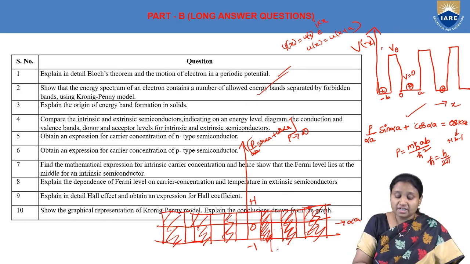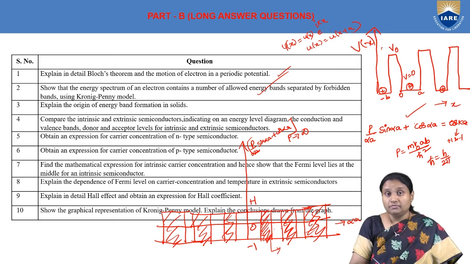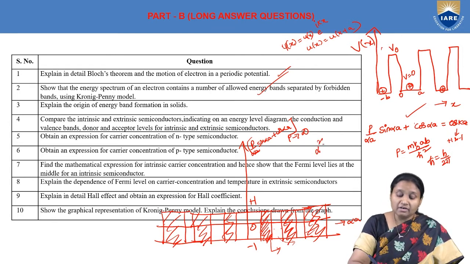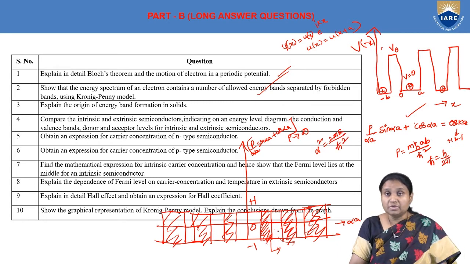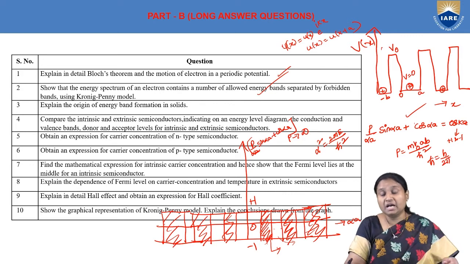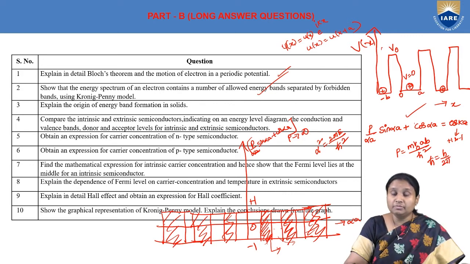So the shaded region is formed with permitted values of alpha, the unshaded region with unpermitted values of alpha, and we know that alpha square is related to energy. That's why the shaded regions give allowed energy bands and the unshaded regions give forbidden energy bands. This shows how allowed and forbidden energy bands have come into existence.